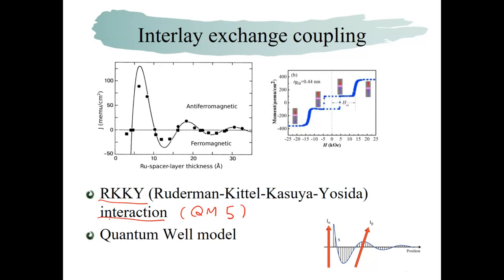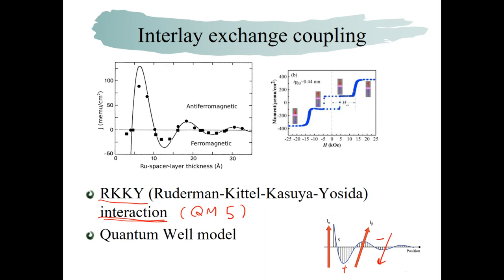This RKKY interaction means if we have spins, the interaction between two spins is mediated by the conducting electrons, and the spin polarization oscillates, so it can have a plus or minus sign. So at some distances they prefer the parallel direction, but at other distances they prefer the antiparallel configuration.